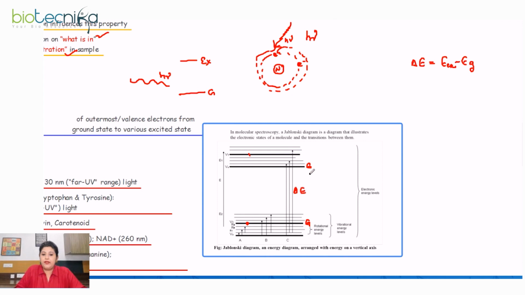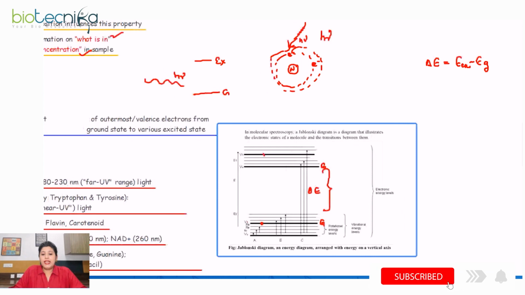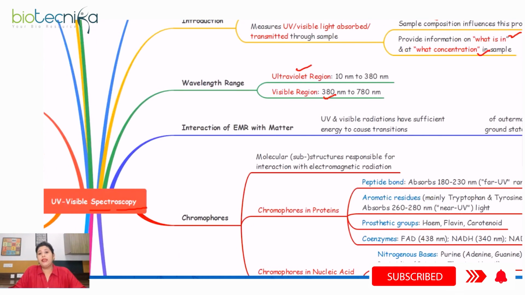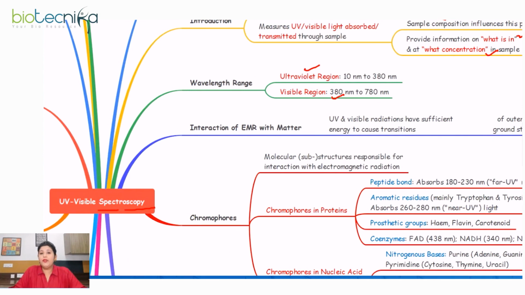This is very, very important. The transition will always take place between two electronic energy levels. The photon of light which is absorbed can be detected using the UV-visible spectrophotometer.